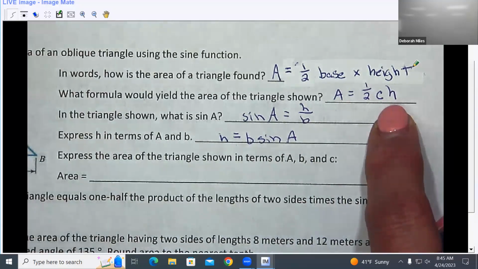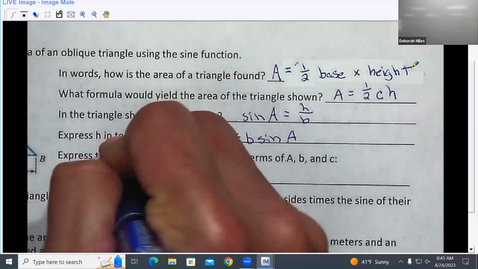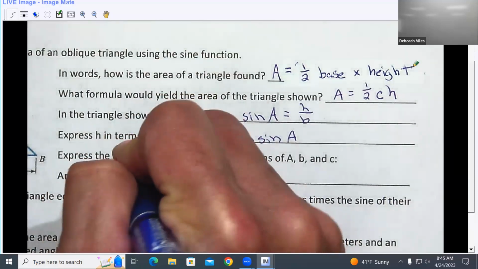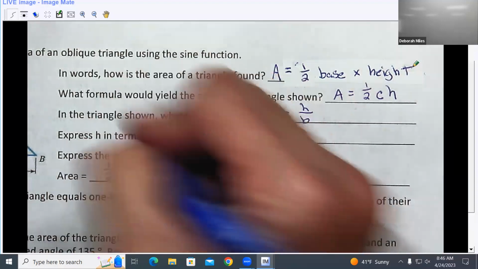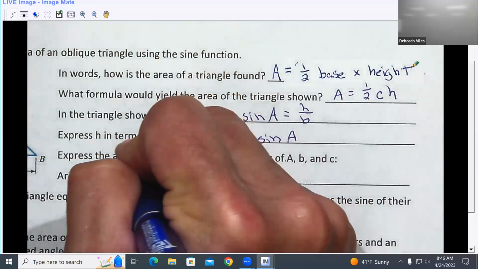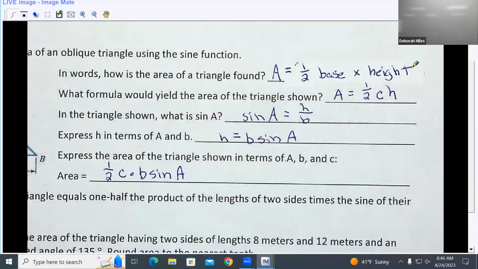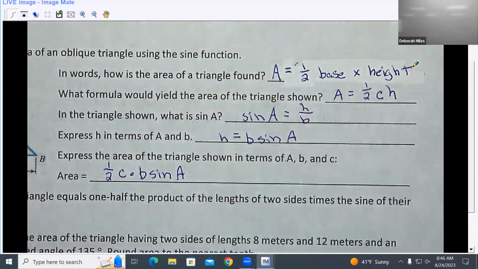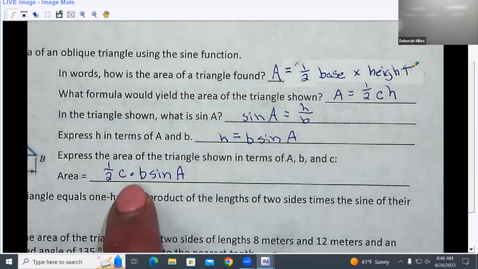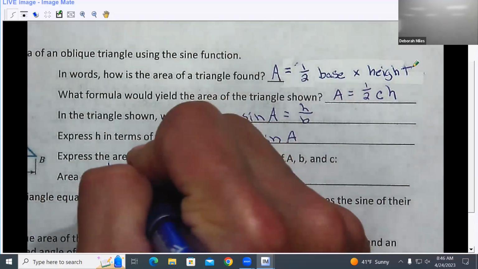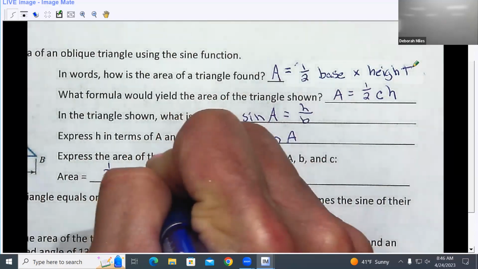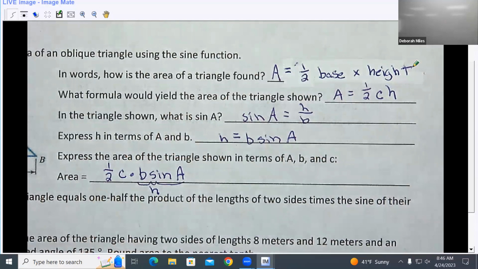Area would be 1/2 times C, and then in place of H, I could put B sine A. Don't have to have the dot, but it's helping my eyeballs. It's helping me see that B sine A is just in the place of H.